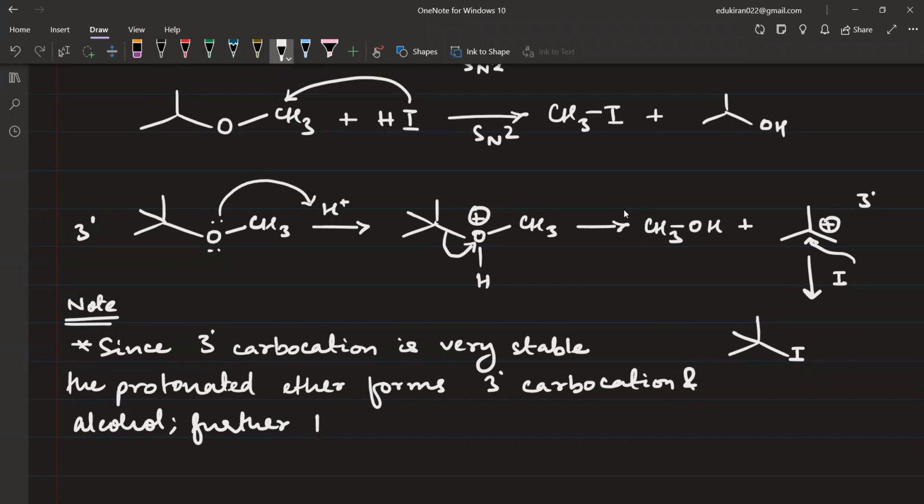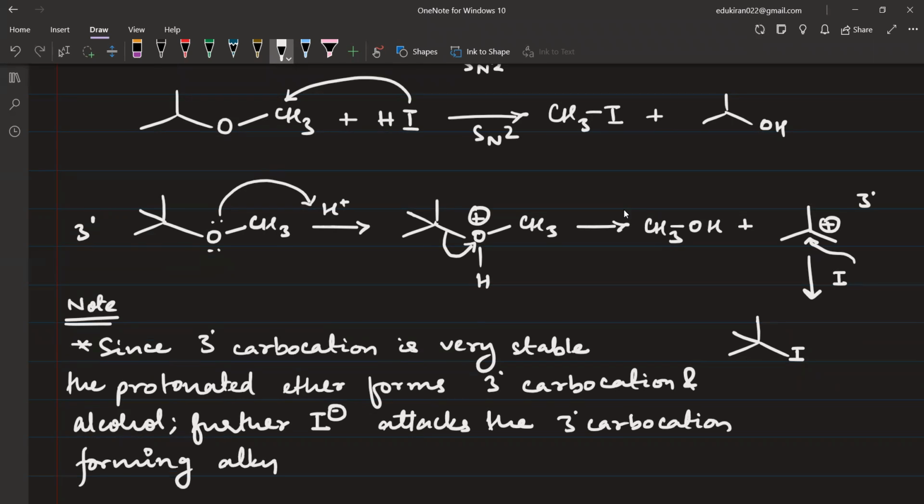Further, I negative attacks the 3-degree carbocation, forming alkyl halide. Okay, so this reaction is happening via SN1, formation of carbocation and then the attack of nucleophile.